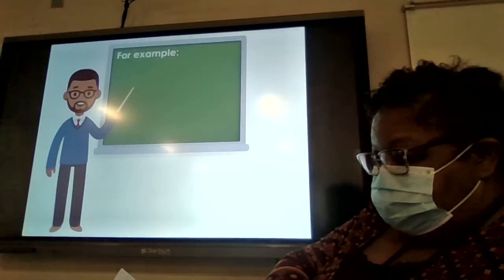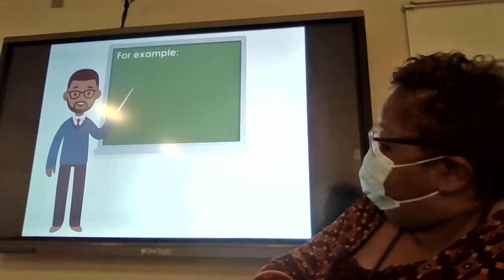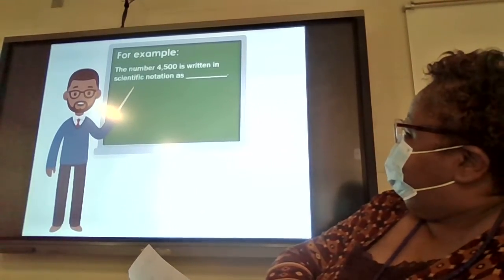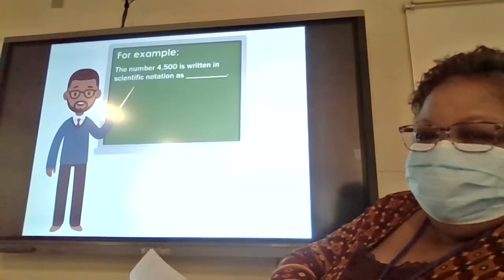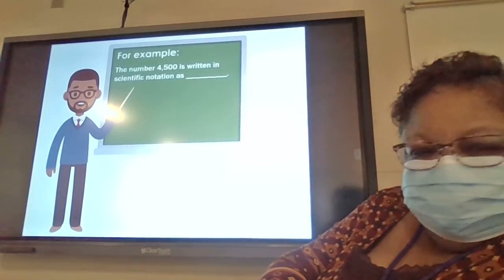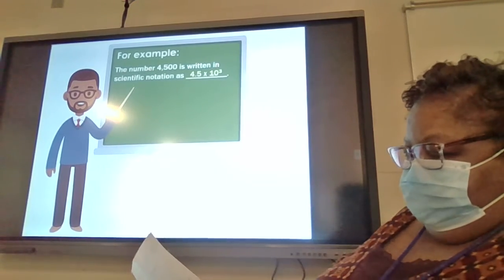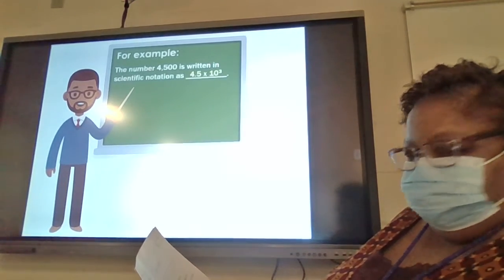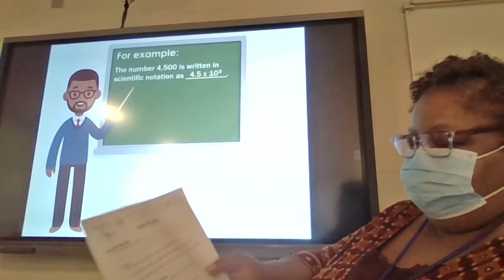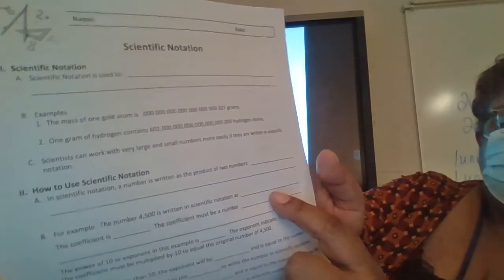Okay, for example, the number 4,500 is written in scientific notation as 4.5 times 10 to the third power. So right there is where you're going to write that.